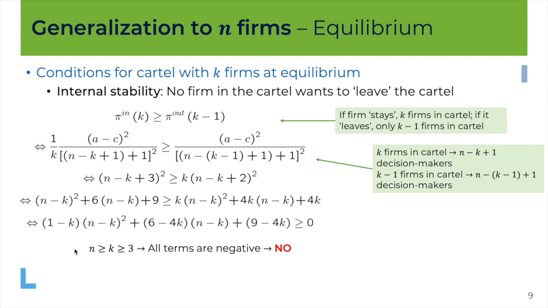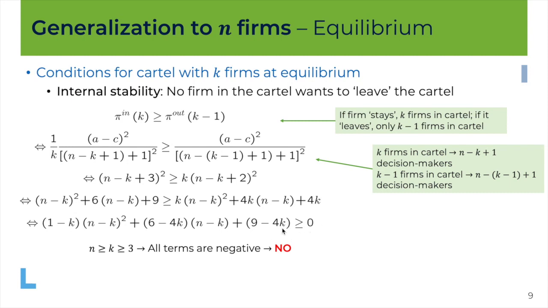Okay. First of all, consider n being at least as large as 3, and by definition of k, k is no larger than n. Then you can check that all the terms in this inequality are negative, meaning that it cannot be positive.